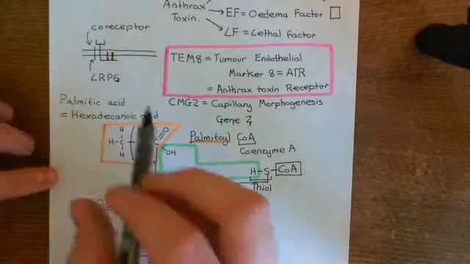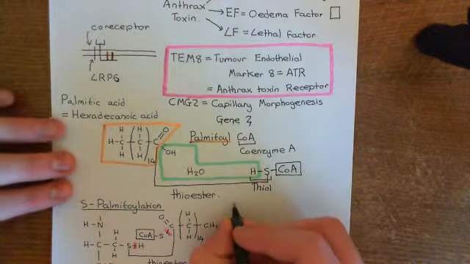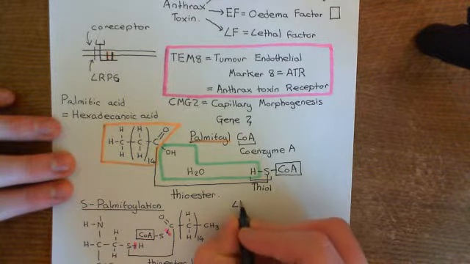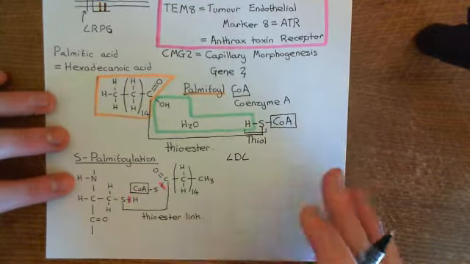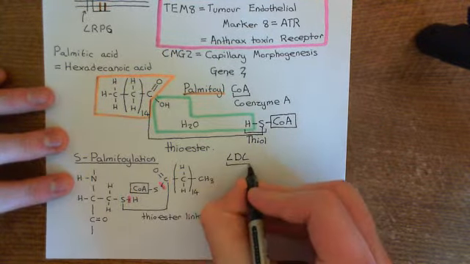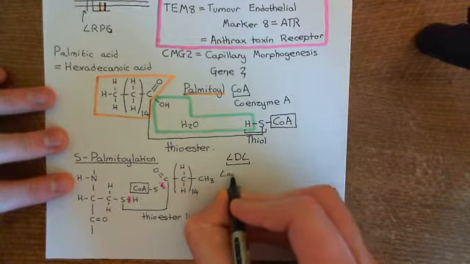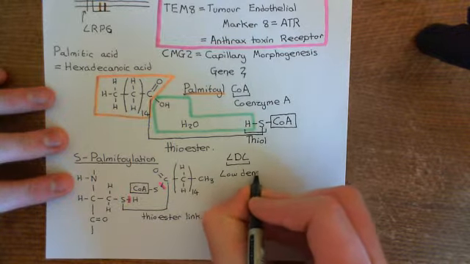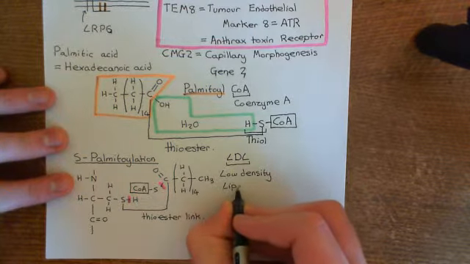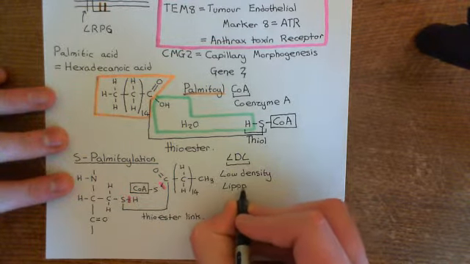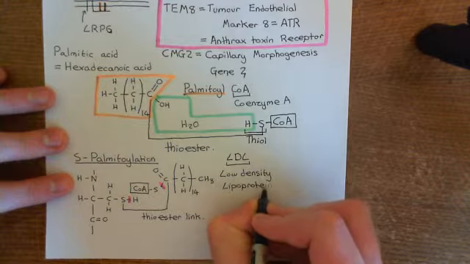So, the first L of LRP6 is for LDL, which stands for low-density lipoprotein. L is for low, D is for density, and the other L is for lipoprotein.